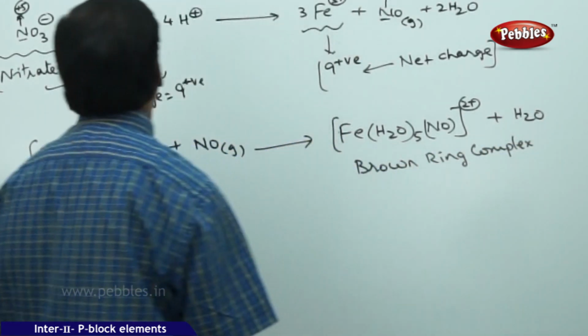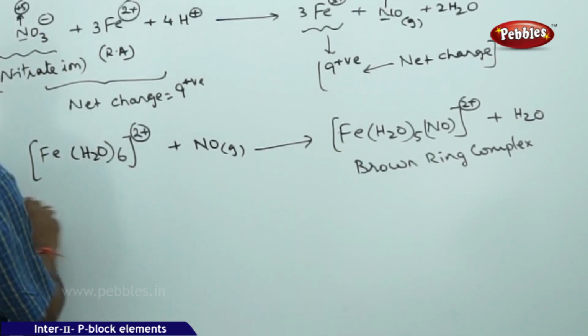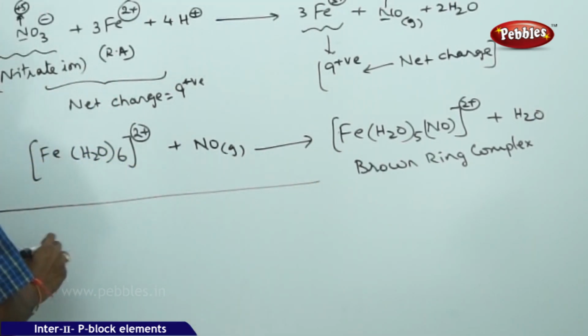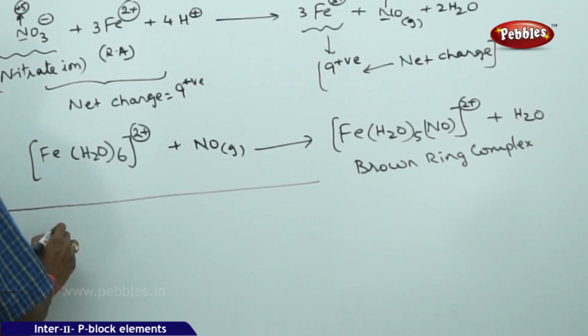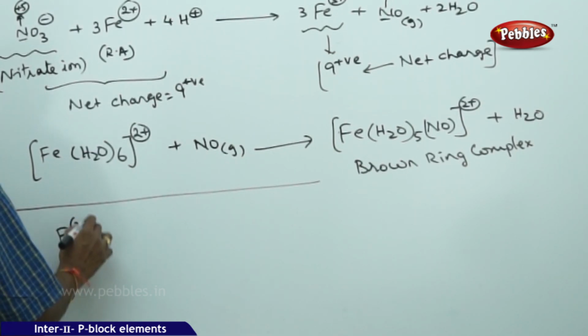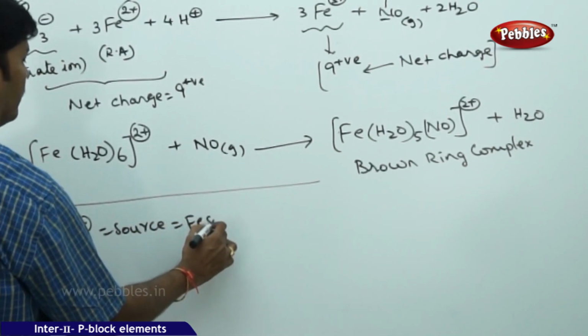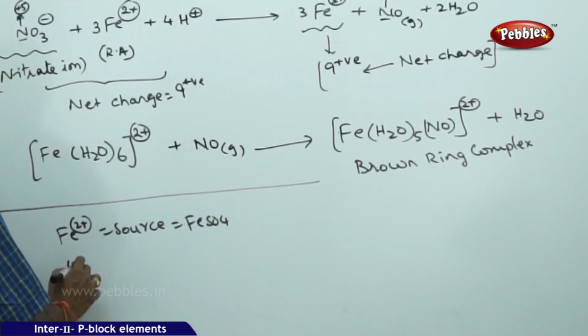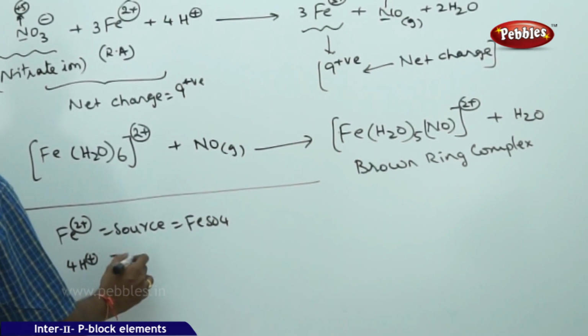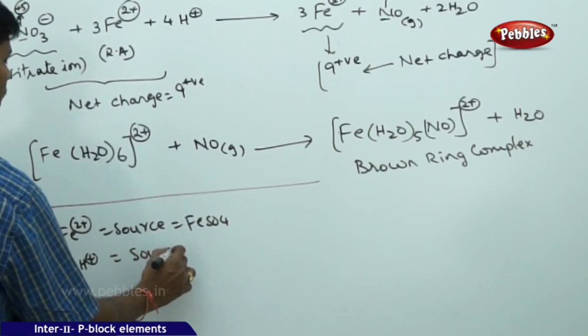for the nitrate ions. Actually, what we have to notice here is that Fe2+ is the source of ferrous sulfate, and 4H+ ions are the source of sulfuric acid.